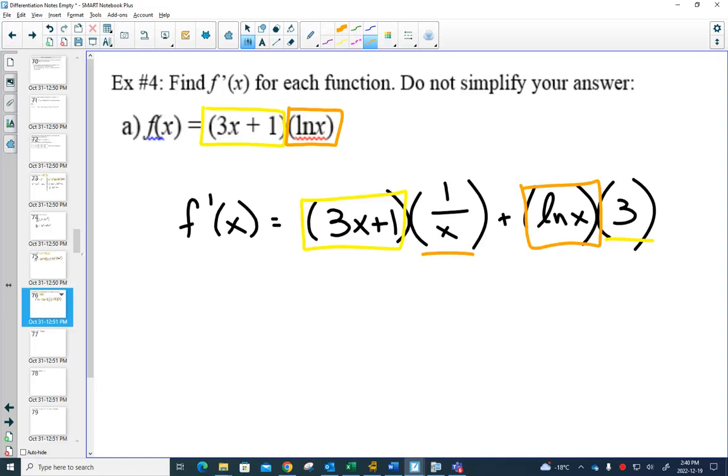So we do really need to have those derivatives memorized, because I know they're on your formula sheet. But I don't know, how long would it take you to memorize that natural log of x is 1 over x? How long does that actually take?